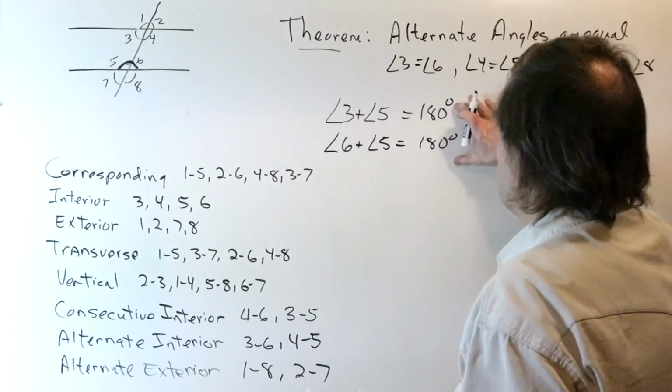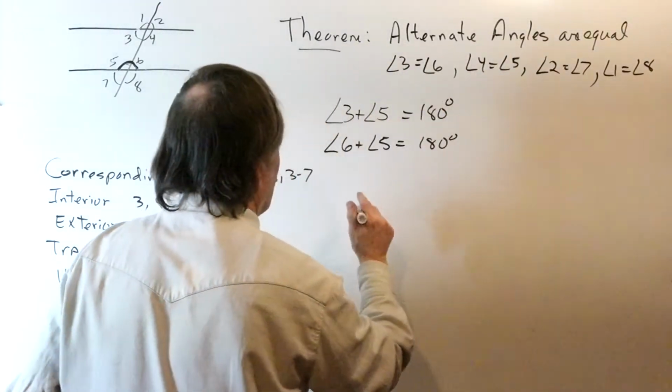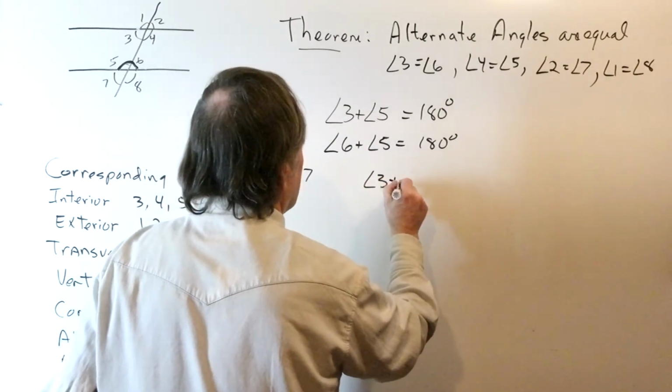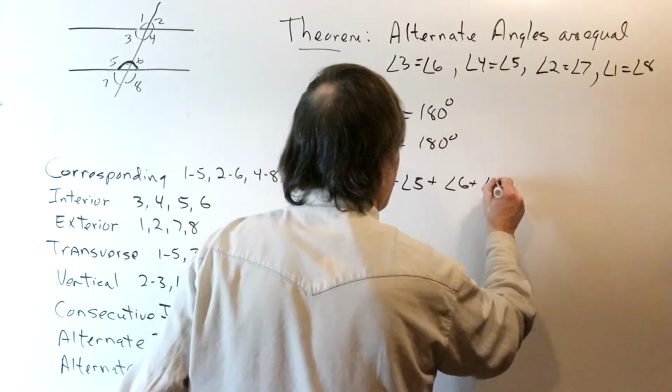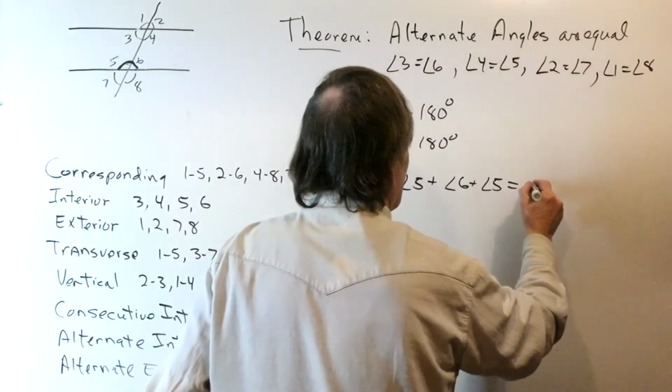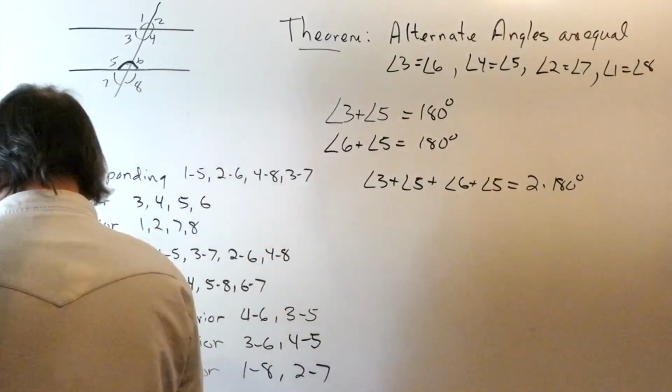Well, we can take these two equations like we did before. We can add the left sides and the right sides. So we get angle 3 plus angle 5 plus angle 6 plus angle 5 is equal to twice 180 degrees.